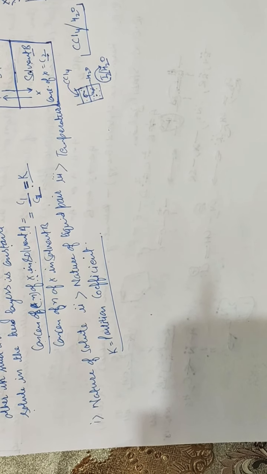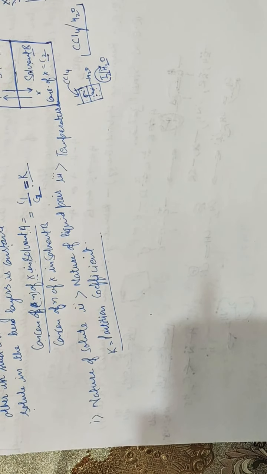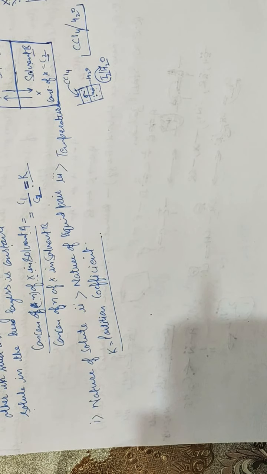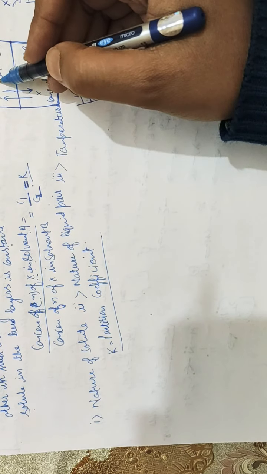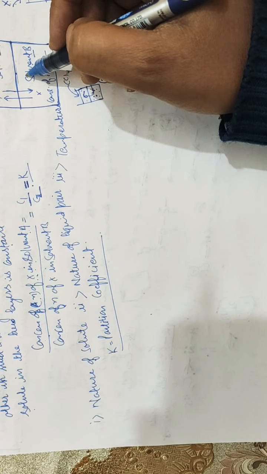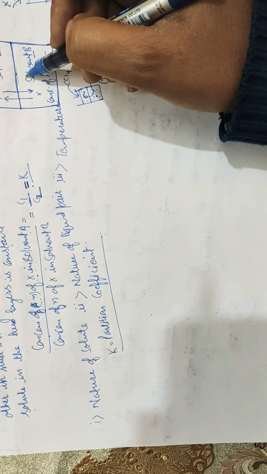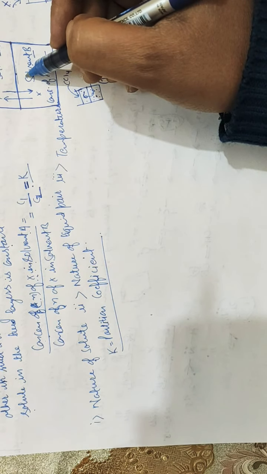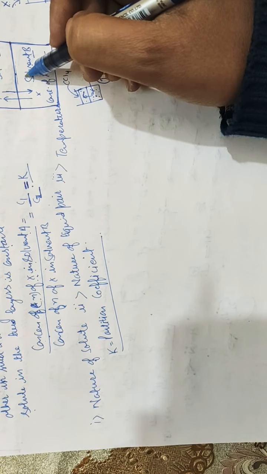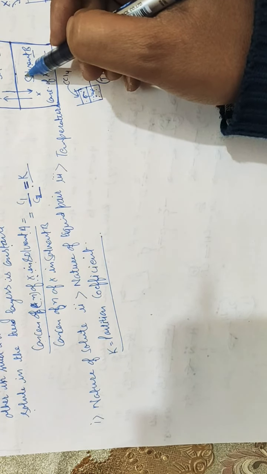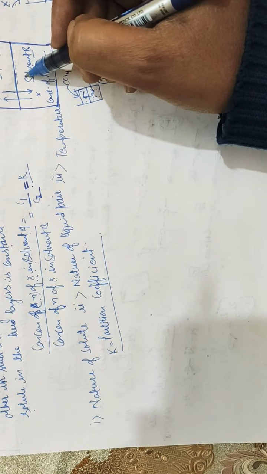Next is the application of the distribution law. The first application is that it helps in calculating the solubility of a solute in a solvent. When a solute is shaken with two immiscible solvents in contact with each other, at equilibrium both the solvents are saturated with the solute. Therefore, the concentrations at equilibrium are equal to the solubility of the solute in both the solvents.